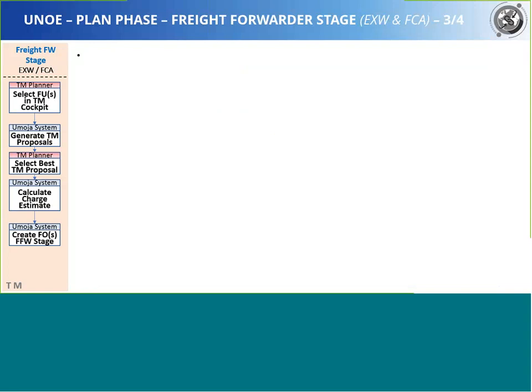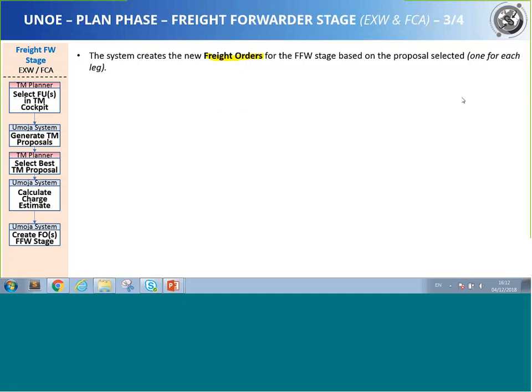Once we have selected the best TM proposals, the system will create the freight orders for the selected route. In our example, we were sending the items from Durban to Mombasa, and then from Mombasa to AMIS.